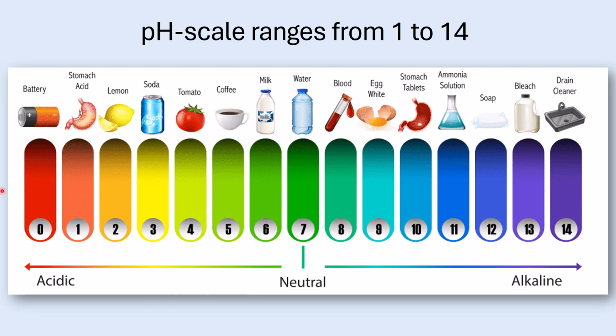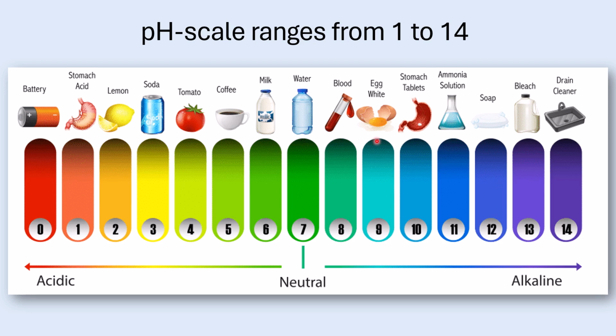So there you can see a few examples. Battery acid has a very low pH of 0. Stomach acid, lemon, the cool drinks, the soft drinks that we drink, the soda, tomatoes, coffee, milk are slightly acidic, and then water, distilled water will have a pH of 7. Blood is slightly alkaline.